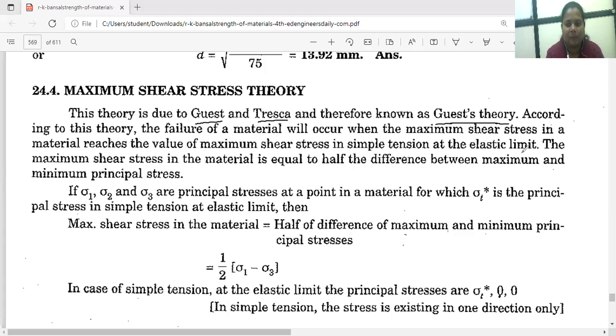Full stop. The maximum shear stress in the material is equal to half the difference between maximum and minimum principal stress.